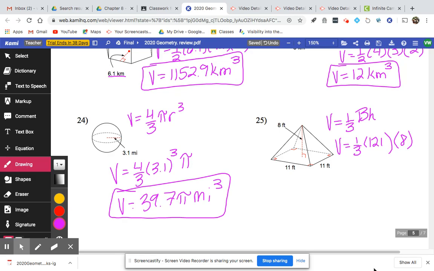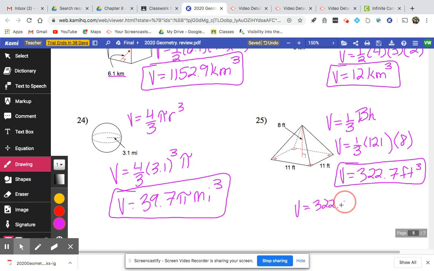Plug it into your calculator, and you get 322. If you want to round it to the nearest tenth, you would round it up to 0.7 feet cubed. On the key, I wrote 322.6 repeating feet cubed. Both of these are fine.